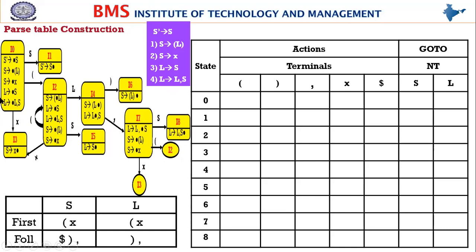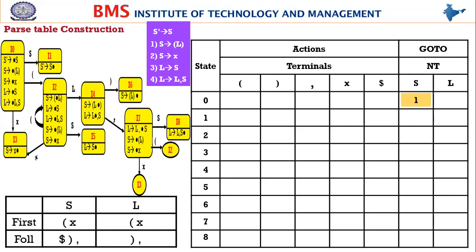State 0, I0. See the outgoing lines. We have 1, 2, 3 outgoing lines from I0, correct? First outgoing line is on S. So in S, which is goto, it is not a shift action or a reduce action. So from 0 on S, you are going to which state? 1, right? This is goto, no actions.